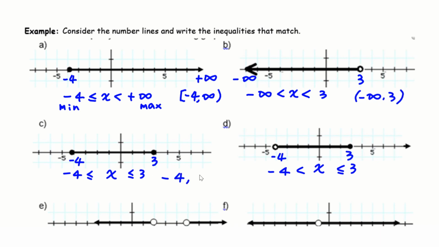Minimum, maximum, then equal sign, you have a squared bracket. So this one is -4, minimum, maximum, equal sign, squared bracket. The other side is just a regular bracket. So this is inequality notation. Another one is interval notation. And this is a number line representation.